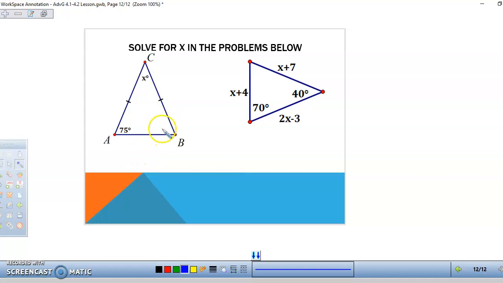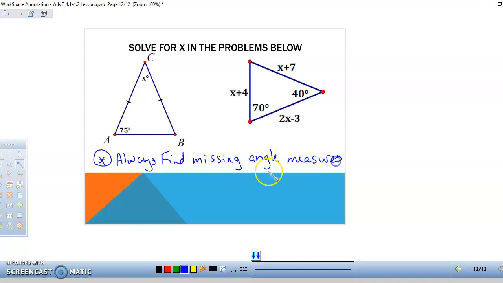But this is a huge hint. I would even write it down: always find missing angle measures in a picture. That'll help your problem solving a ton. So please always do that.